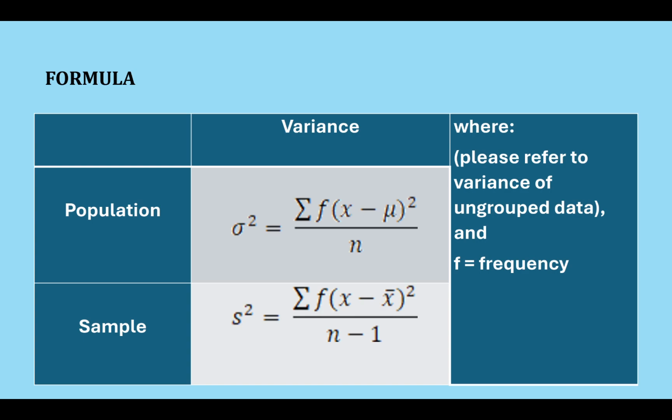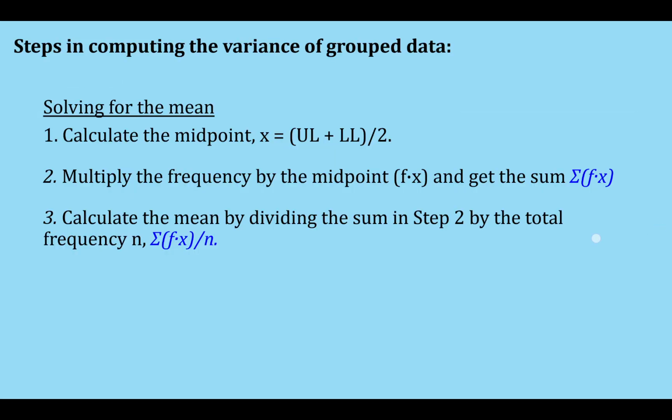For our population variance, we have a formula similar to the variance formula for ungrouped data, but this time we already have an f, which is the frequency. Same also for our sample. Okay, so we have here our frequency. Same values actually as of the ungrouped data.